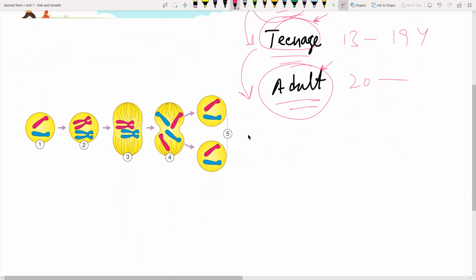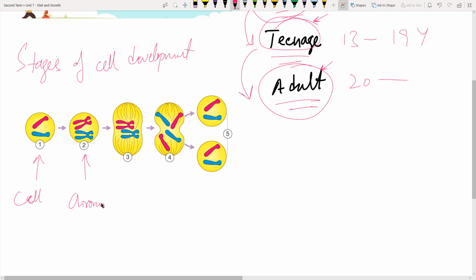Now, stages of cell development, right? So when we say that our body is growing, what really happens is that if we have a cell, in this cell we see that the chromosomes or the genetic material multiplies, it becomes two, and when it becomes two, the cell divides, right?